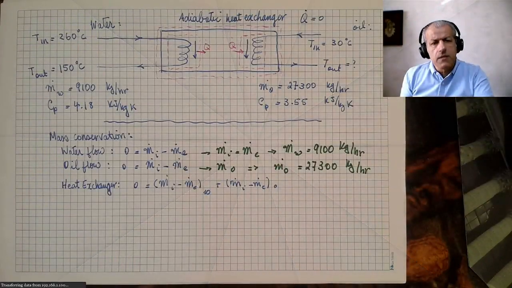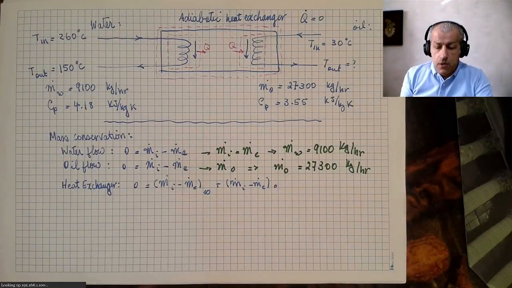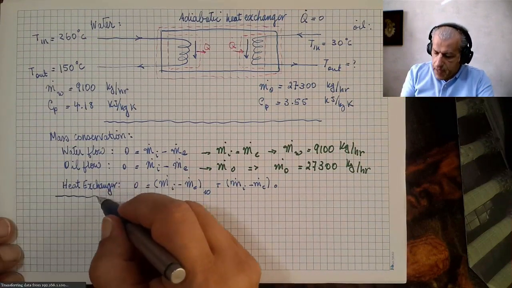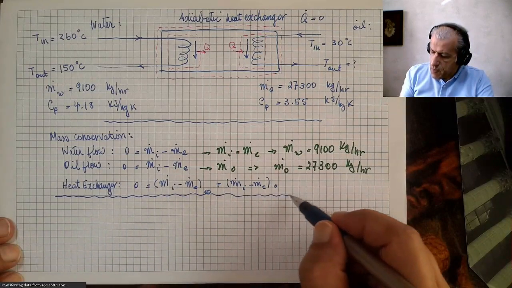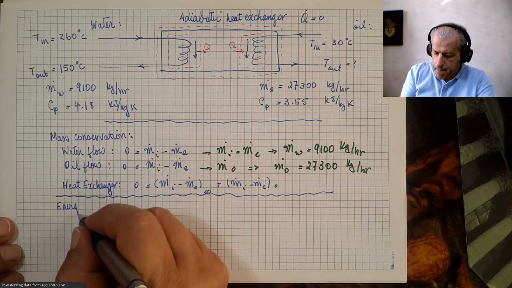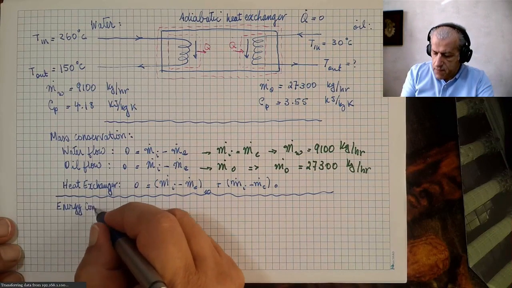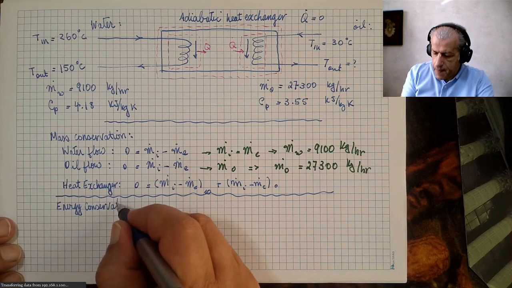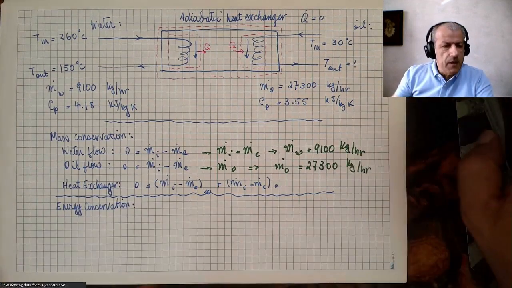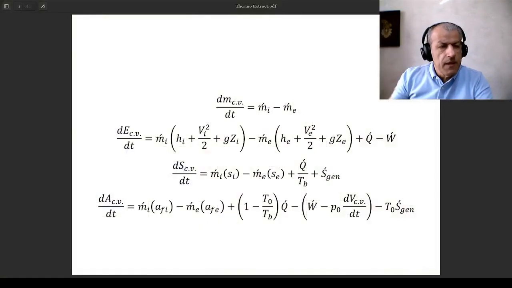Our next step is to write down the energy conservation for the three control volumes of our problem. The energy conservation equation that we need to simplify is this equation, the second equation.